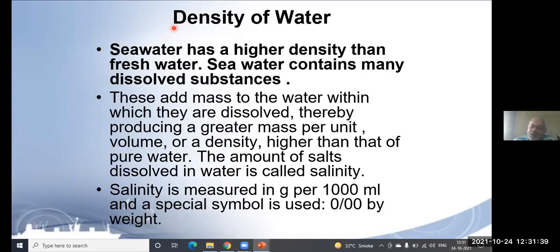Where sea water is there, the maximum sea water density is 1.025. So the density of water ranges from 1 for fresh water to 1.025 for total salt water. And in many of the ports, the density is in between.